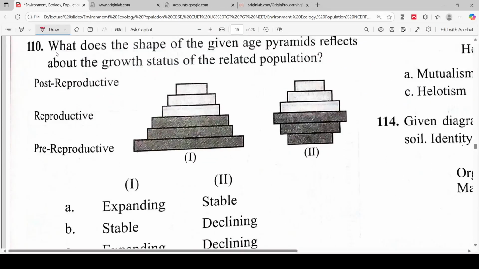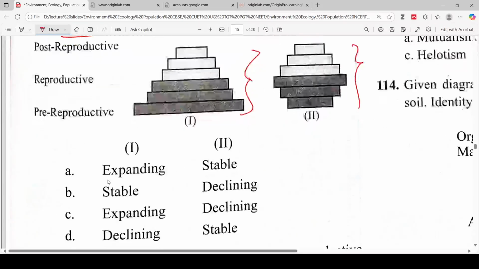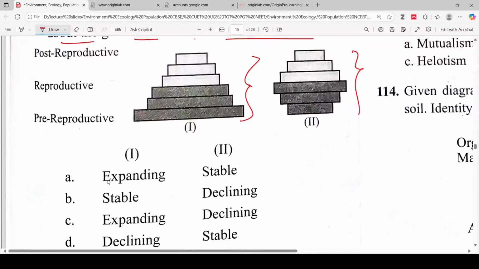So what does the shape of a given age pyramid reflect about the growth status of the related population? Age pyramids of two populations are given, so you have to choose the correct answer.